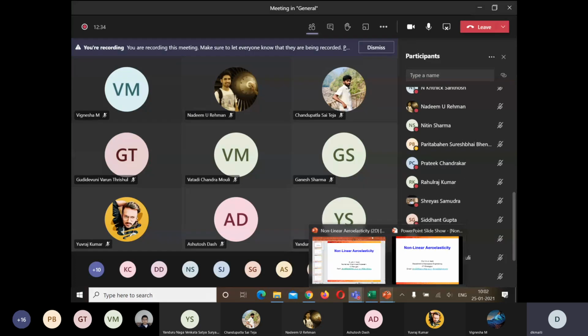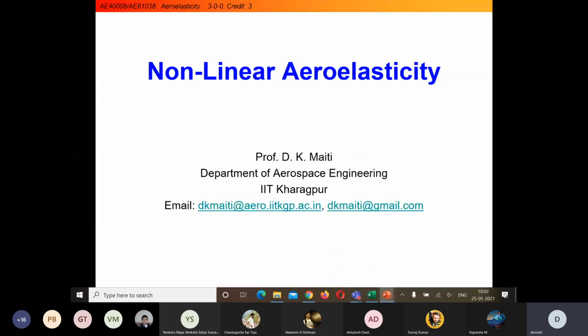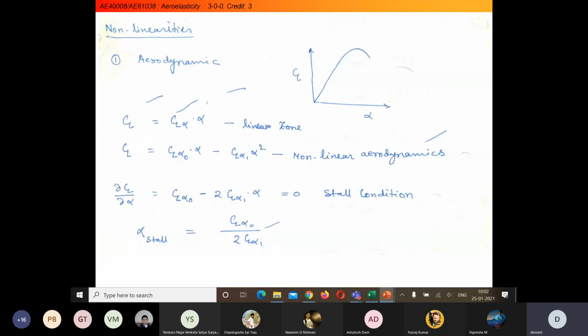Okay, let me come back to nonlinear aeroelasticity. First, we are considering nonlinearity in aerodynamics. In aerodynamics, whatever we have calculated, we considered CL as CL alpha multiplied by alpha. This is with respect to our linear aeroelasticity.